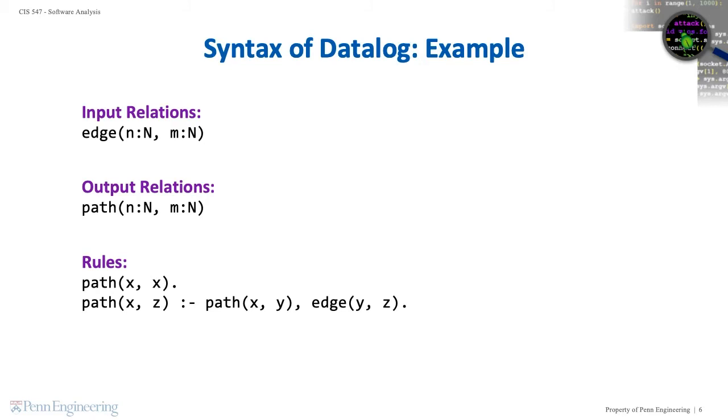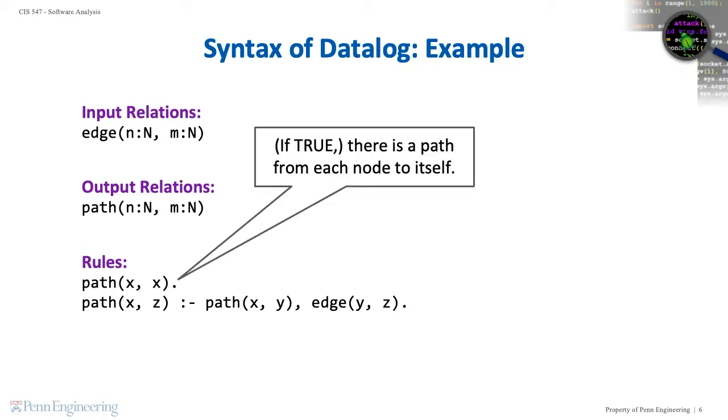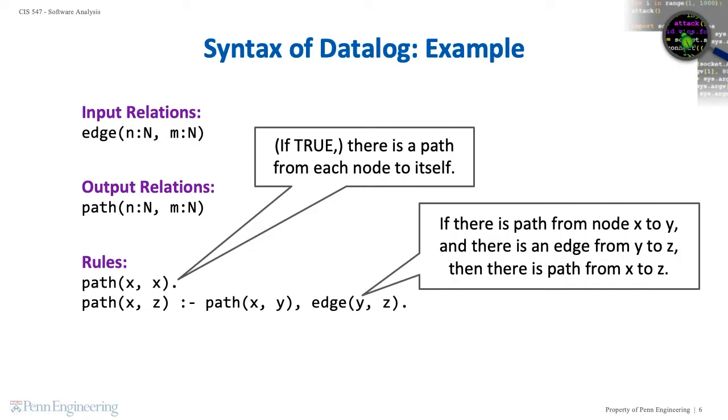The rules of inference that we will define for this problem are, in English: first, there is always a path from each node X to itself, which in Datalog syntax takes the form path(X, X). Second, if there is a path from node X to node Y and an edge from node Y to node Z, then there is a path from node X to node Z.